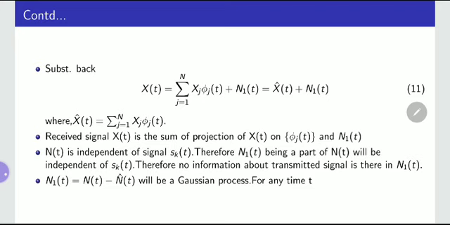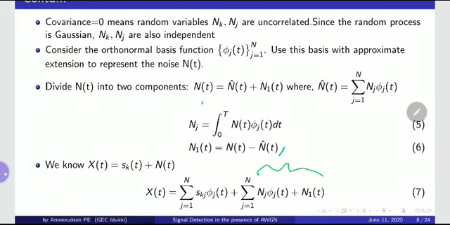Now we are substituting back into our original expression. We started from x of t equal to sk of t plus n of t, and n of t is n cap of t plus n1 of t.